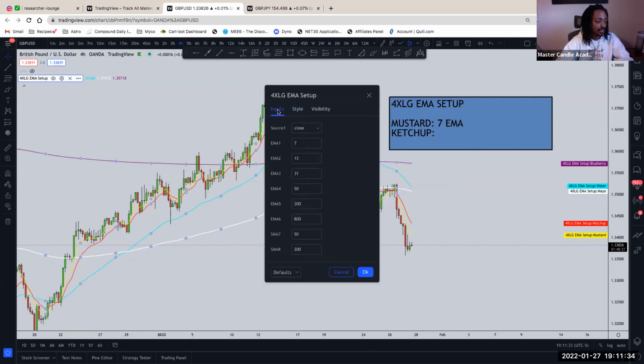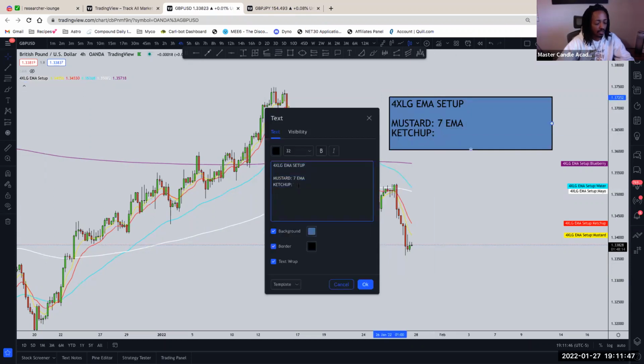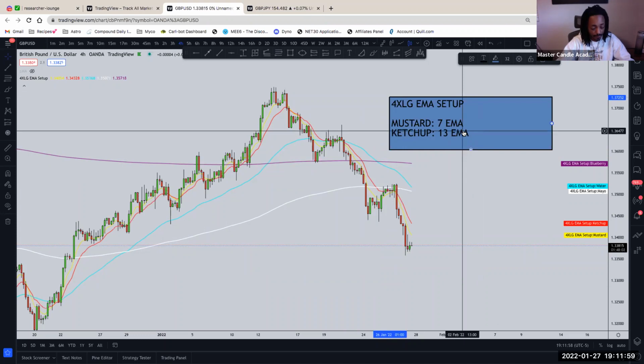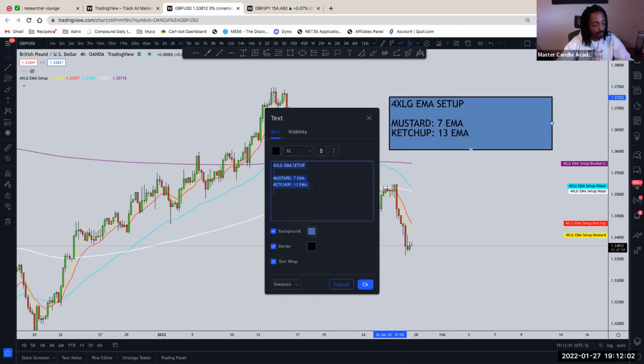All right, we've got ketchup, and ketchup is the 13 EMA, right? The value of that EMA is 13. All that means is it's giving you an average of the last 13 candles. When using ketchup and mustard together, these are used for scalping. Ketchup and mustard are used for scalping. We good there?